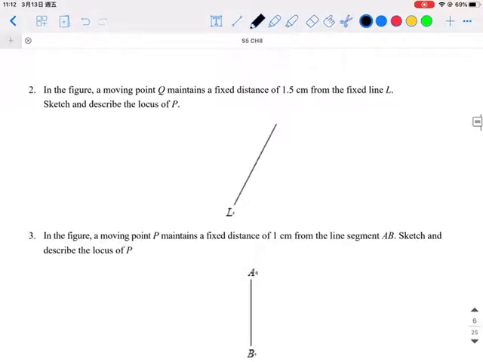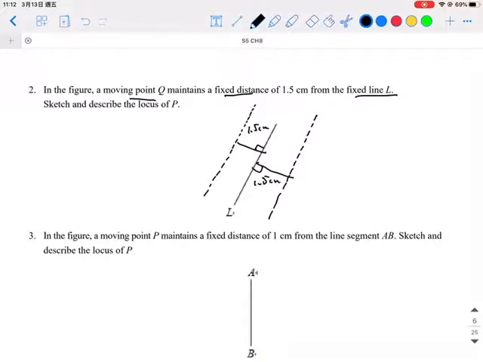For question number 2, it is also a moving point Q keeping a fixed distance with a fixed line, so it's still a line, not a line segment. So I just write down it's a pair of parallel lines. It's 1.5 cm now, and another locus is here on the right hand side, another 1.5 cm.